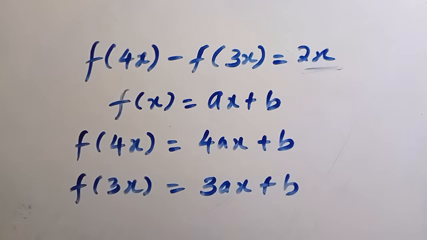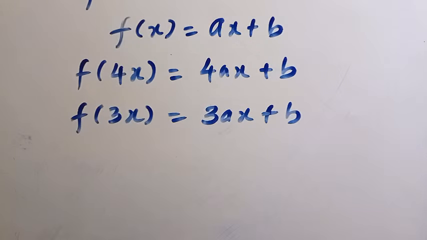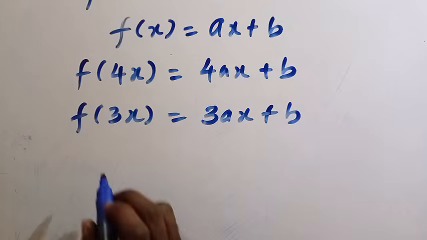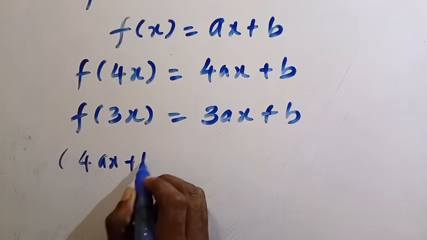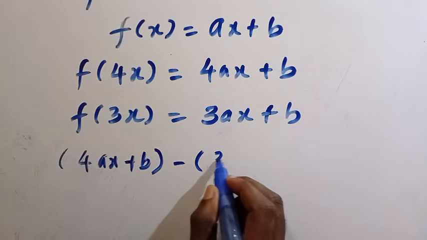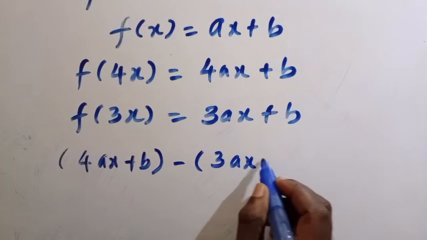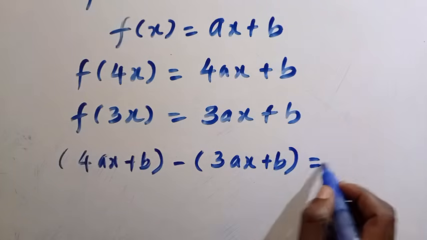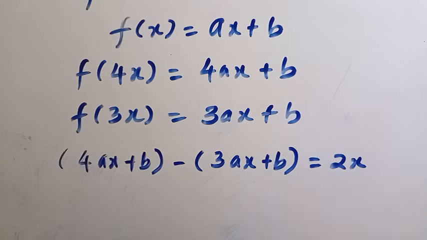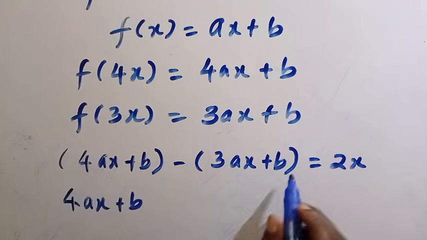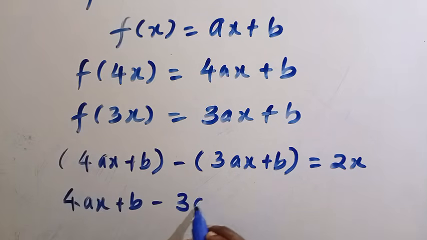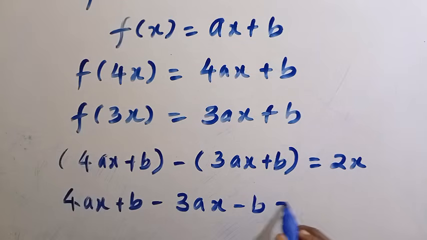Make sense? Then we couple these two together, as the first one is 4ax plus b minus (3ax plus b). This equals 2x. By subtracting this out, we have 4ax plus b minus 3ax minus b equals 2x.